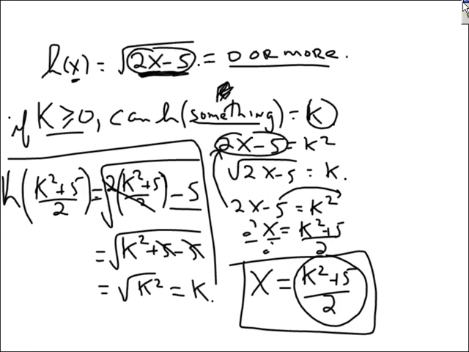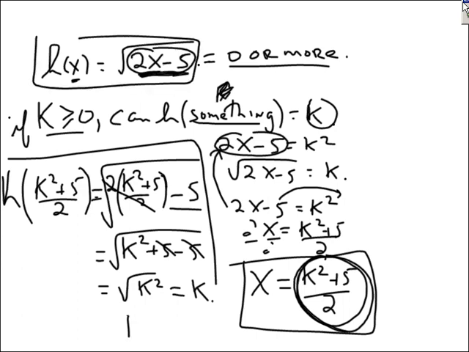Now, we need to take into account one last thing. For any k, is this defined? The answer is yes. There's no 0 in the bottom ever, and nothing underneath the square root sign is negative. So the final answer is, the range of the h function is all real numbers. I can get h to be any number I want.